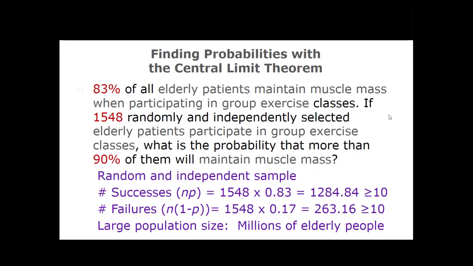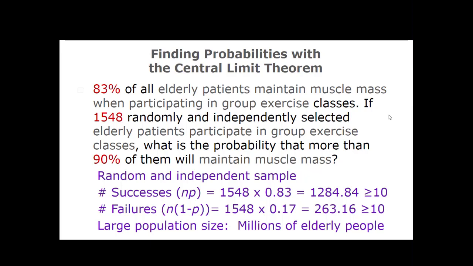So if I have 1,548 seniors in my sample, then if 83% should maintain muscle mass when participating in group exercise classes, and that's the parameter that I was given, then I would expect that of the 1,548, approximately 1,285, right? Because you can't have a fraction of a person. So I'm just going to go ahead and round that, and 1,285 will maintain muscle mass. And since 1,285 is greater than or equal to 10, it meets the success criteria.